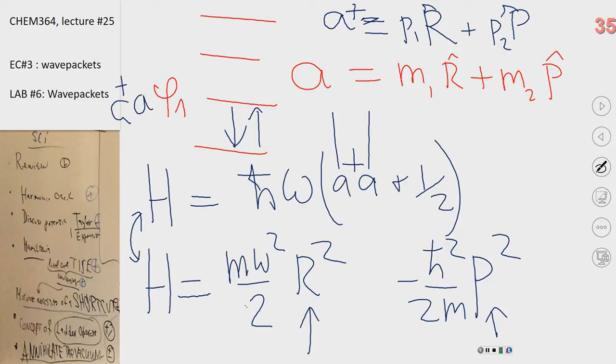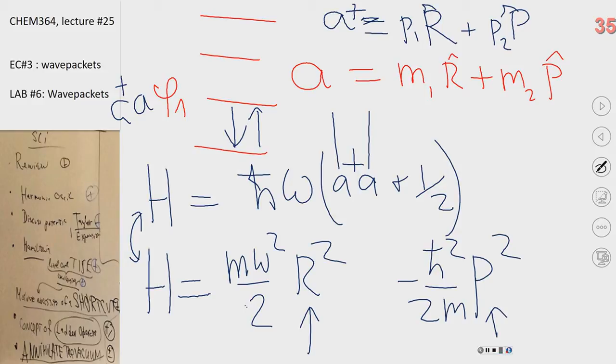A linear combination contains both position and momentum, and if we multiply these two things, we multiply a polynomial of two terms, and then the result will have four terms, right? The result will have a term with p squared times something, a term with r squared times something, and then rp and pr.